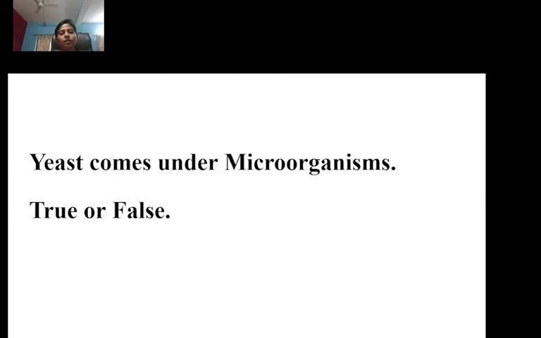What's the reason? Because that curd contains several microorganisms. Very good, students. You have observed it nicely. To make curd, first of all we have to warm milk, and then we have to set curd for the next day, because curd contains some microorganisms, and that microorganism I'll tell you later.